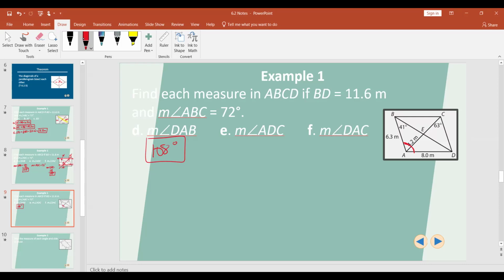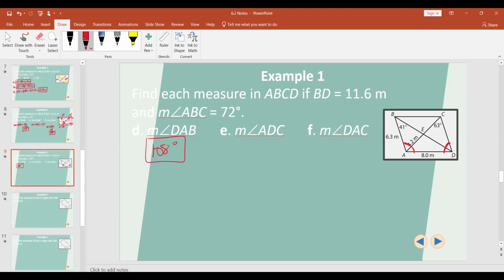ADC is where? Okay, that's this whole one here. So that is, wait, is this the same? Oh, that's right. I apologize, I think I duplicated a slide. ADC, DAC. I did. Sorry. Disregard that. It's a repeat.